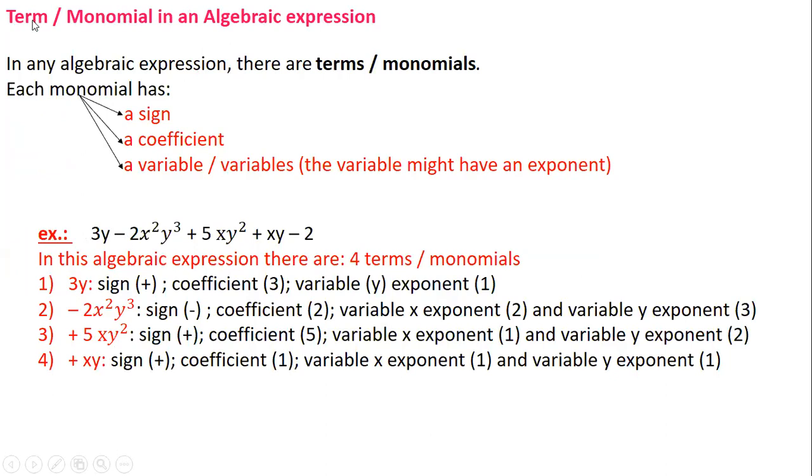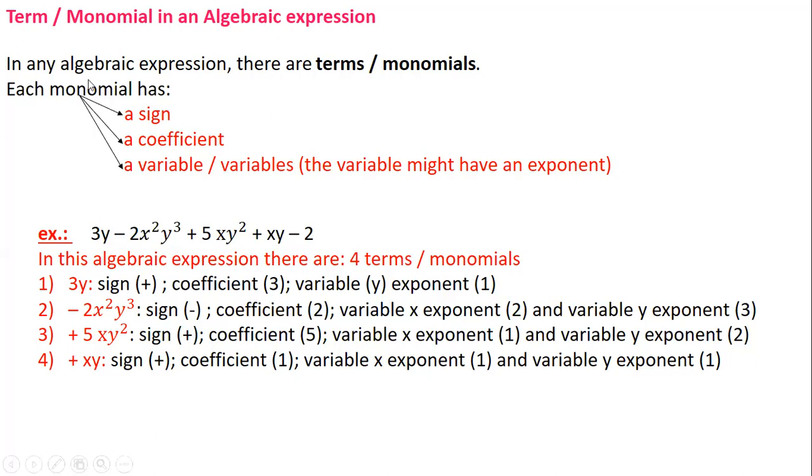Now, when I talk about a term or a monomial in an algebraic expression, in any algebraic expression, I have something called a term or a monomial. So a term or a monomial are the same thing I'm talking about here.